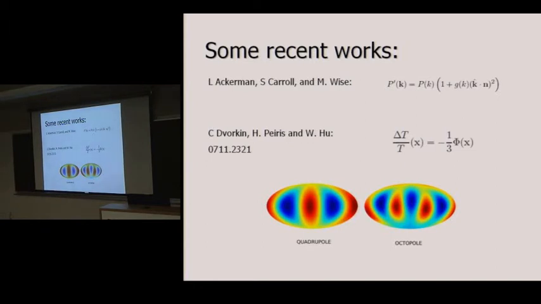This is the primordial direction-independent power spectrum, still a scale-invariant power spectrum, P of k. And they multiply it by a modulation function, as you see, P of k as a function of wave number, and also there's a modulation function as a direction-dependent factor. So this is a quadrupole modulation here, and this n actually is a direction on the sky, so it's two parameters basically in terms of the angle.